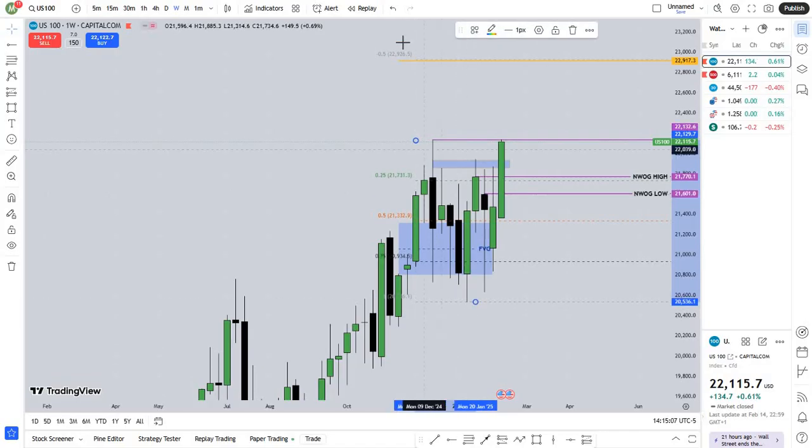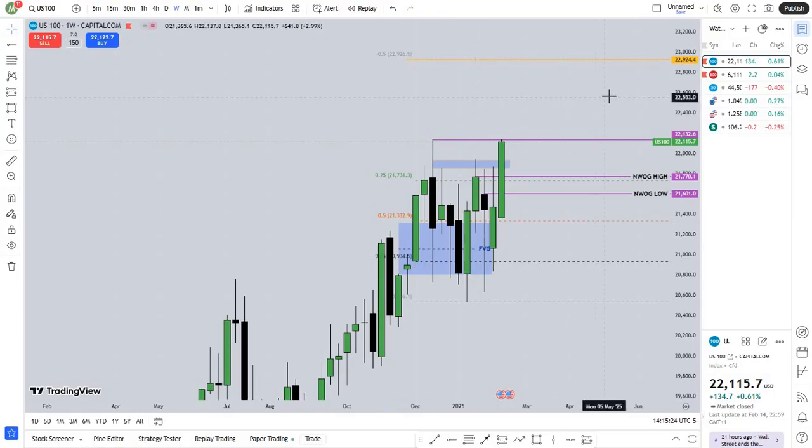Anchoring my fib from this low to this high, I'm looking at this price level as a target. But the level I'm pointing at now is a kind of terminus for me, a far target that I have currently, looking at what price is delivering to us right now.